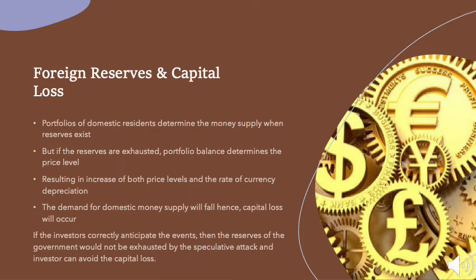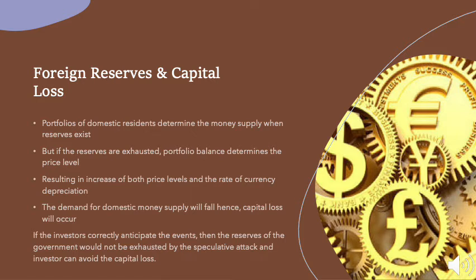But what are the reasons behind the level of prices increasing? There are two reasons which explain why the level of prices increases when the foreign reserves are exhausted. The first reason is that domestic residents may still be deceiving and try to reduce their holdings of both the domestic and the foreign money.